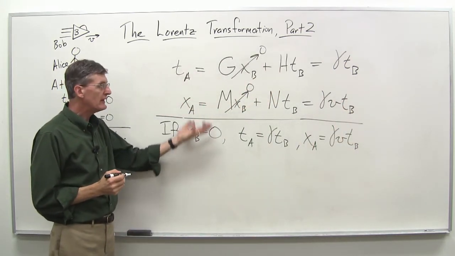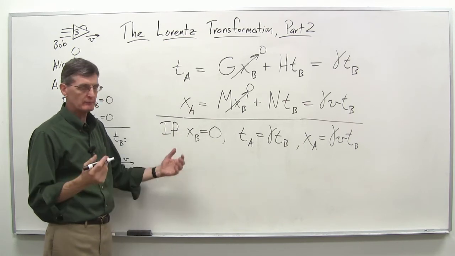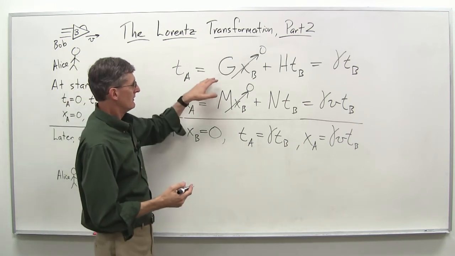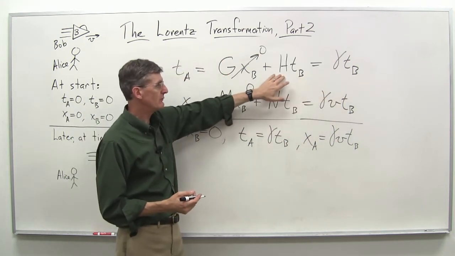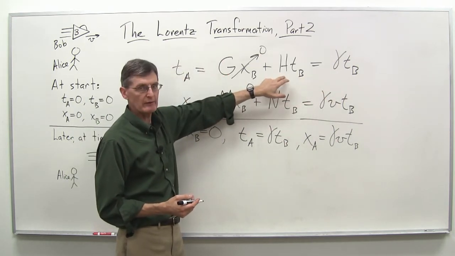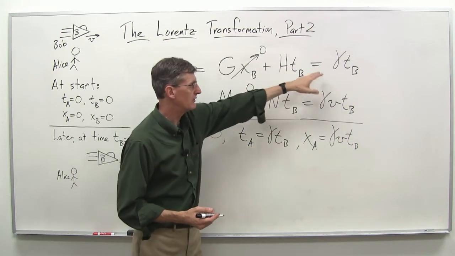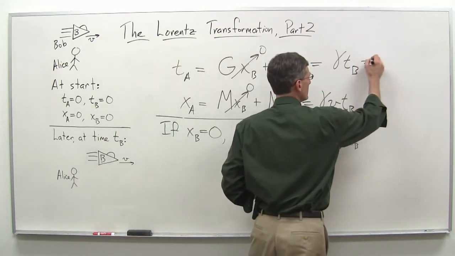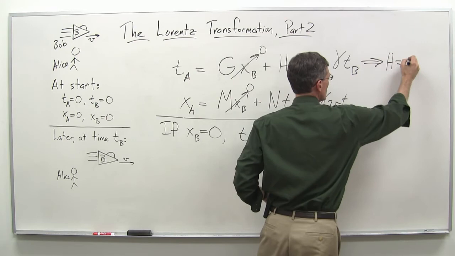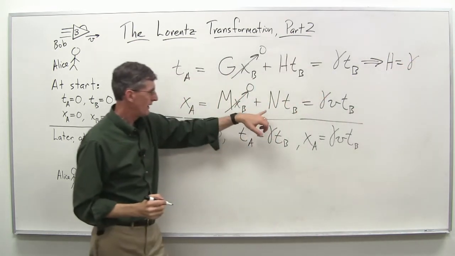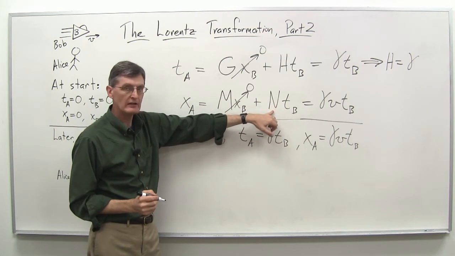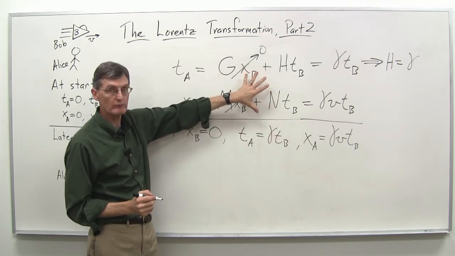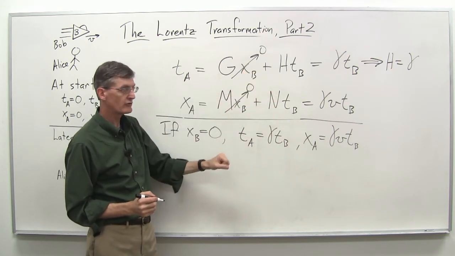And lo and behold, immediately you can see what H and N are. You've probably already seen it. If TA equals gamma TB and also equals H TB, clearly H equals gamma. So this implies H equals gamma. And for this one, XA equals gamma V TB, which equals N TB in our general linear form of the transformation equations.